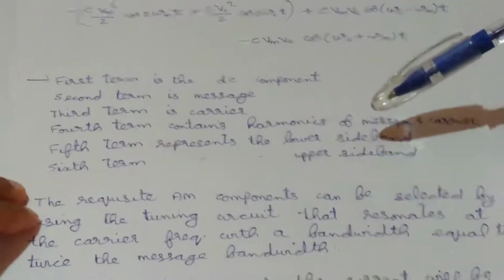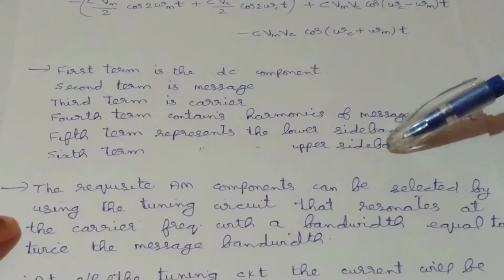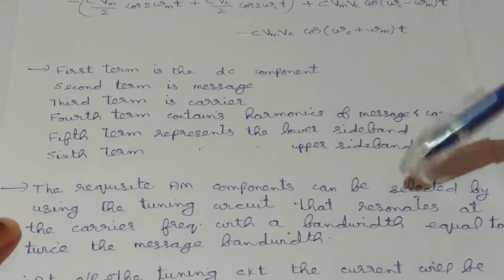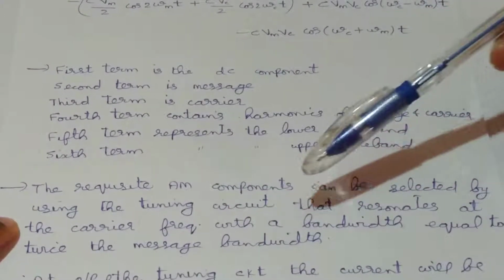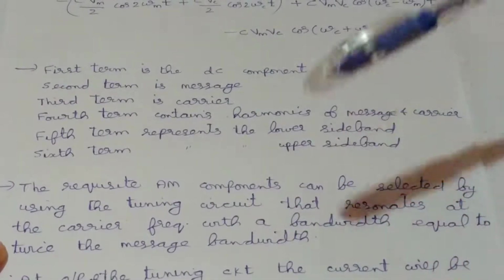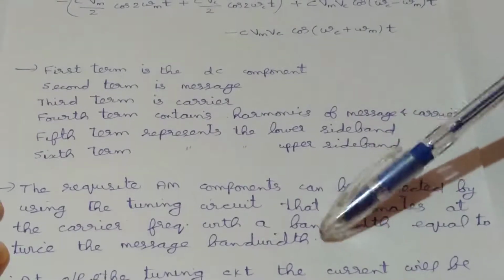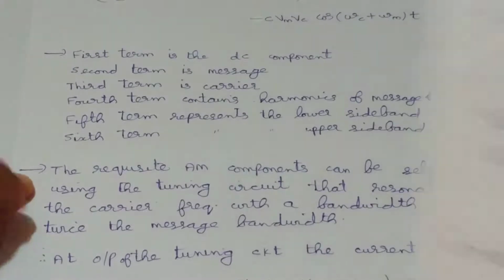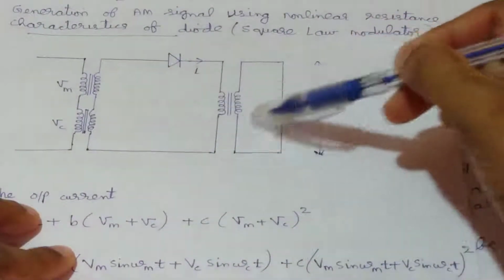The required AM components can be selected by using a tuning circuit that resonates at the carrier frequency with a bandwidth equal to twice the message bandwidth. So from that current I, we are selecting our required components by using this tuning circuit.